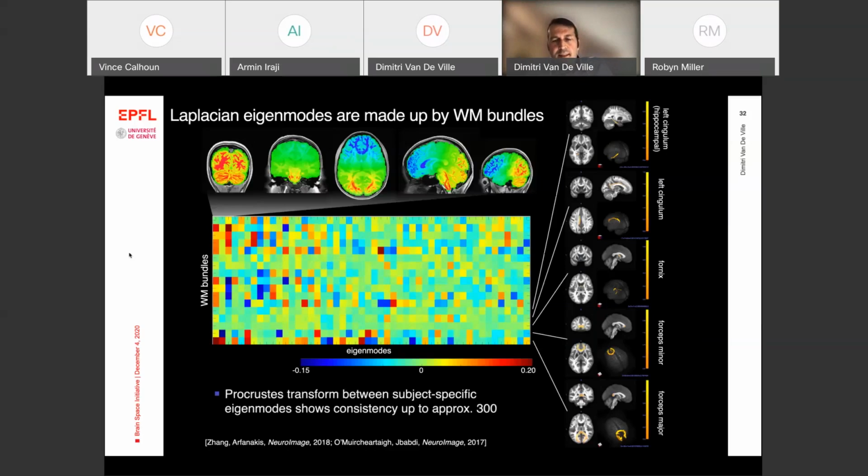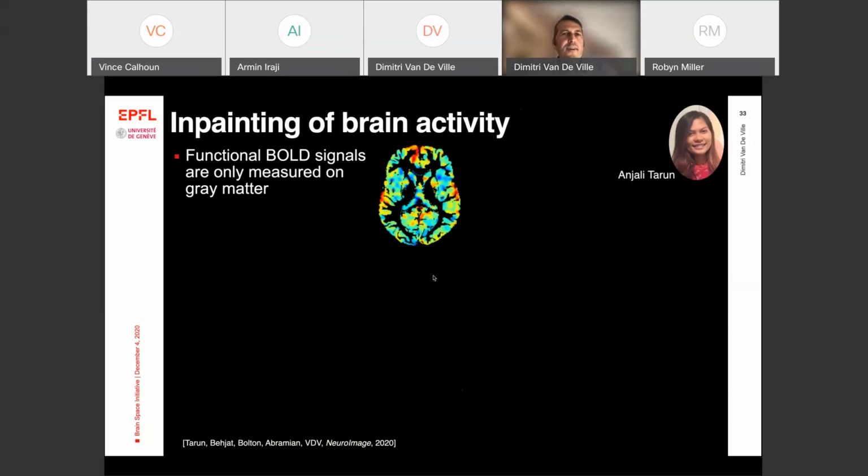That is showing that these very high-resolution brain graphs show a consistency between subjects for a dimensionality of approximately 300, which in a certain way is bringing you back to the typical kind of numbers you would get in brain atlases, but now completely driven by the connectivity as you get it at the high resolution. And so then Anjali used this in her PhD to look into what I call inpainting of brain activity.